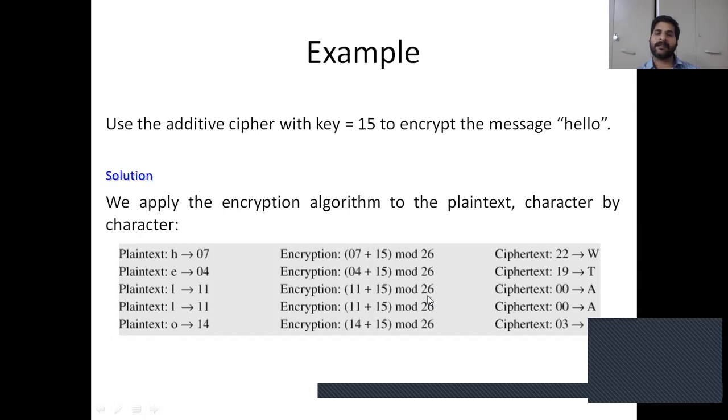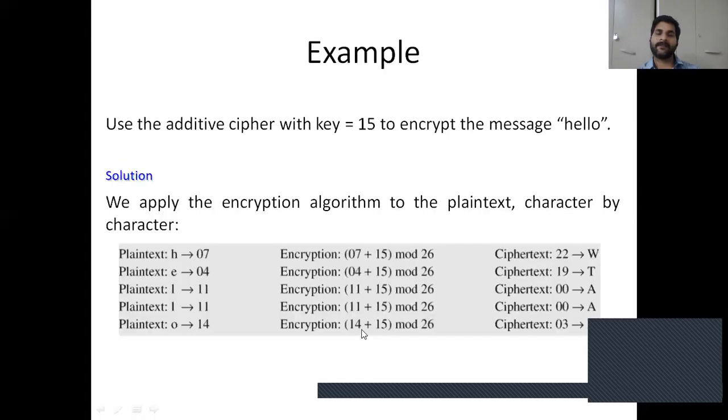We obtain 26 mod 26 equal to 0, and 0 stores the value A. Similarly, the other L is also encrypted by capital A. O has the index value 14. So encryption is 14 plus 15 mod 26 equal to 3, which is D.